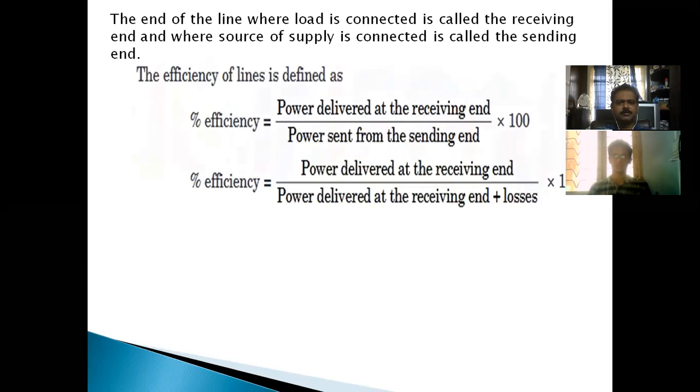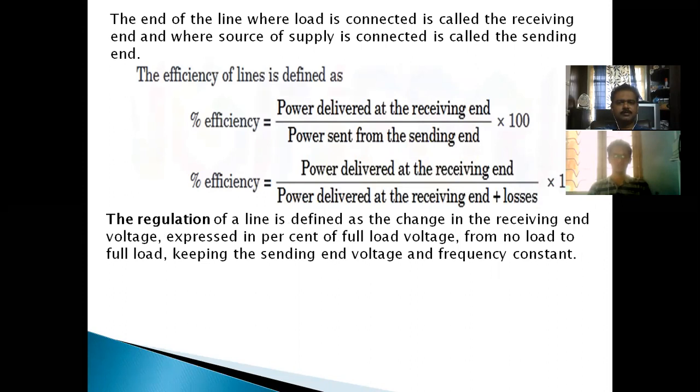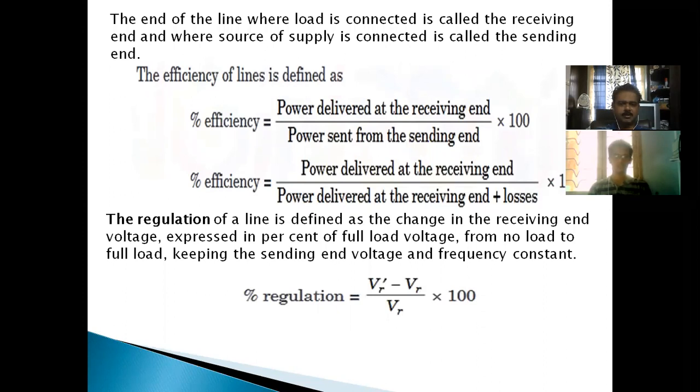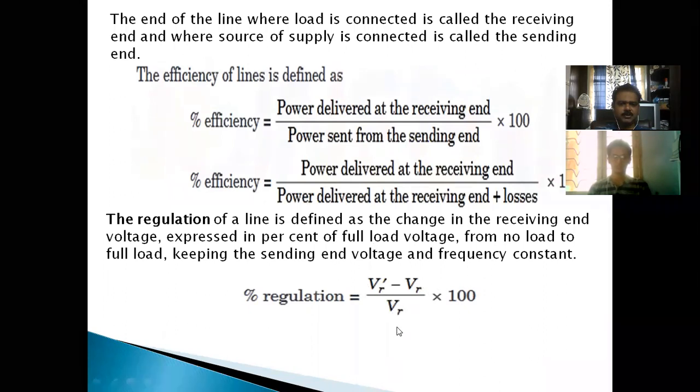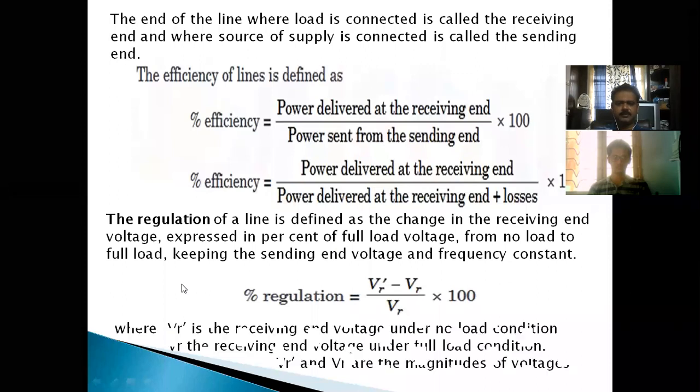Regulation is no load minus full load value, divided by full load value, into 100. Otherwise, it is the change in voltage at the load terminals from no load to full load, divided by the full load value. This is what we have seen in the last class.